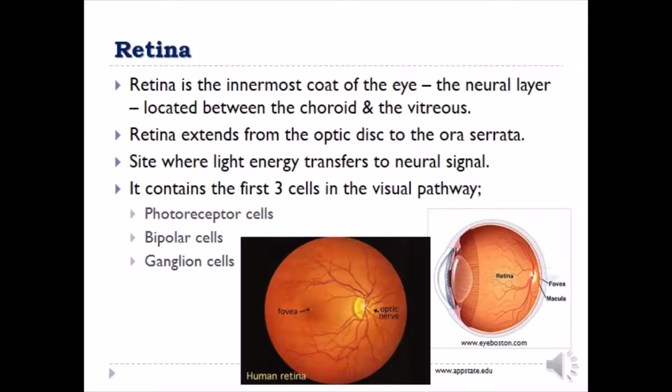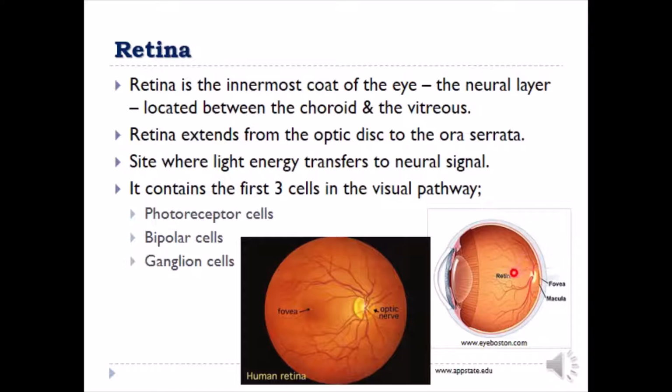As we discussed in the first slide, the retina is the innermost coat of the eye. This is just a revision of what we discussed. It is called the neural layer, located between the choroid and the vitreous. This whole area will be filled by vitreous, the brown one above the retina is the choroid, and the white one is the sclera.